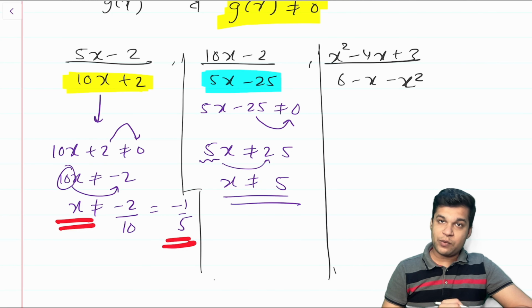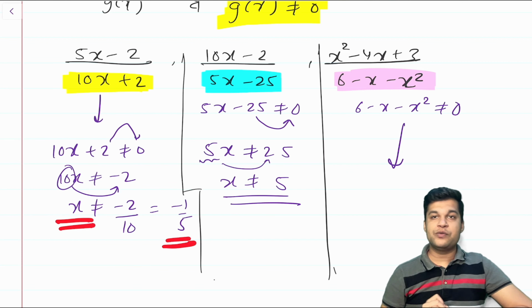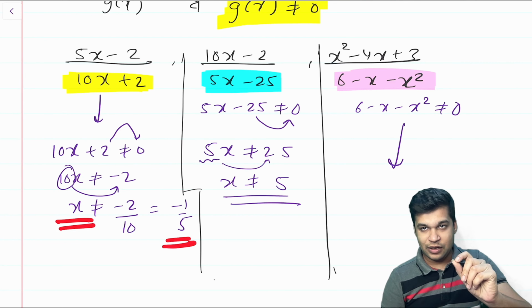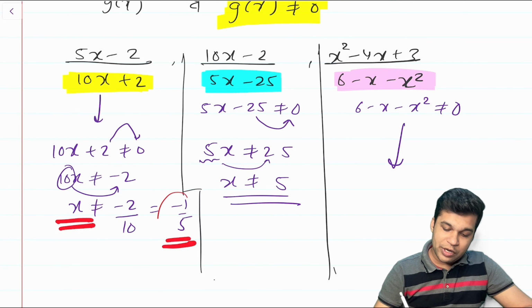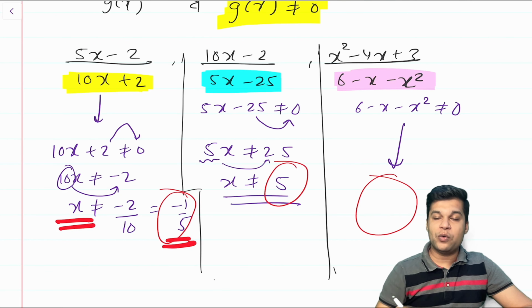So x is not equal to 5. Now if you see the third one, 6 minus x square can never be equal to 0, and similarly you will get two values where x is not equal to those. Now guys, we have to find a line or all those points where x is not equal to minus 1 by 5 or x is not equal to 5 and so on.